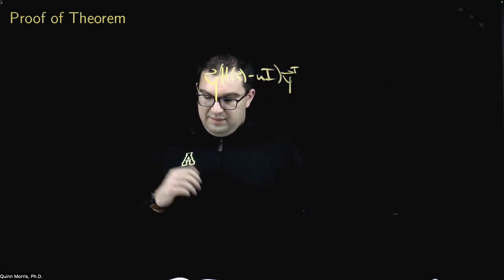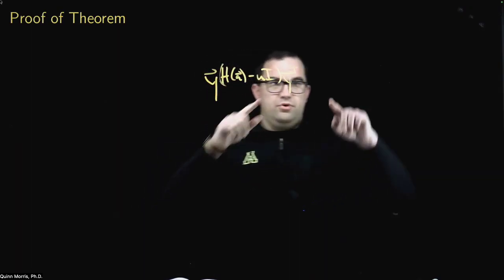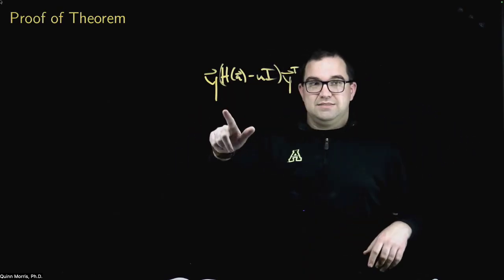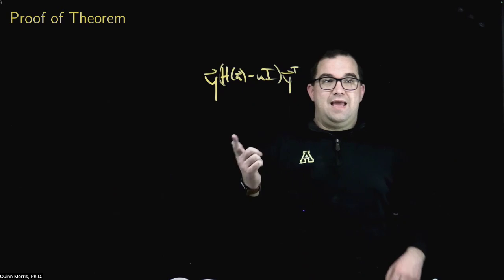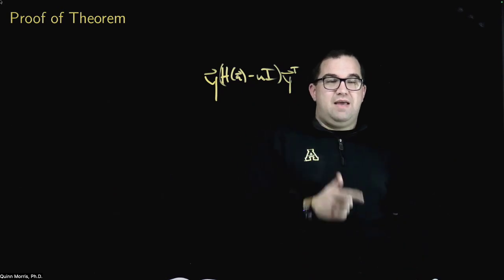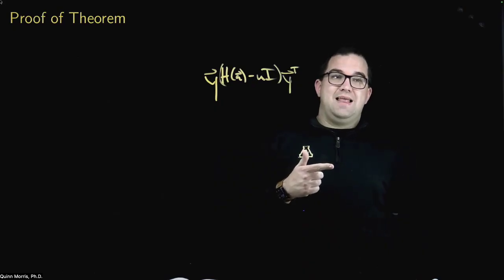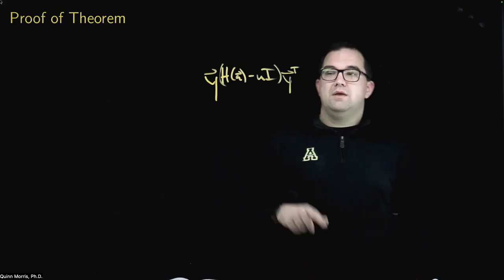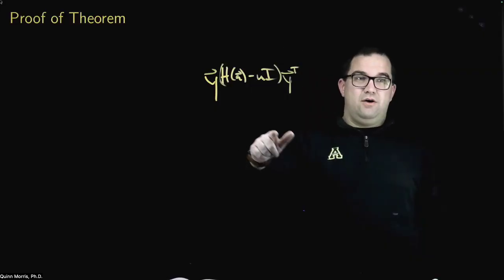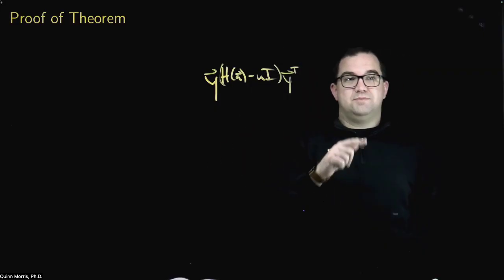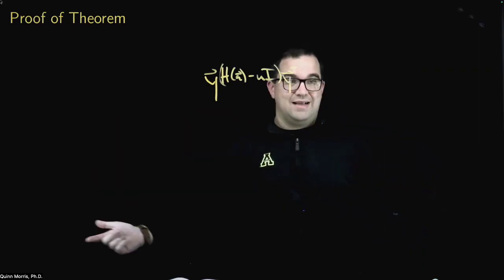Then you go through both cases of the other proof. There's somewhere where this takes on a positive value. At that point, f of a plus y minus f of a will be positive, which means f of a is a local minimum. Wherever this takes on a negative value, f of a plus y minus f of a must be negative, which means f of a is a local maximum.